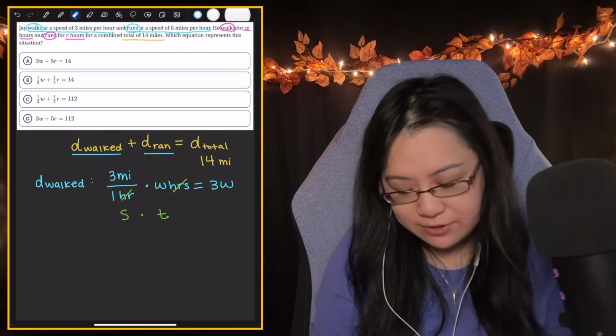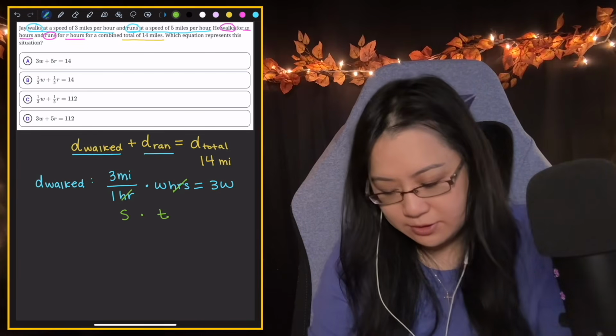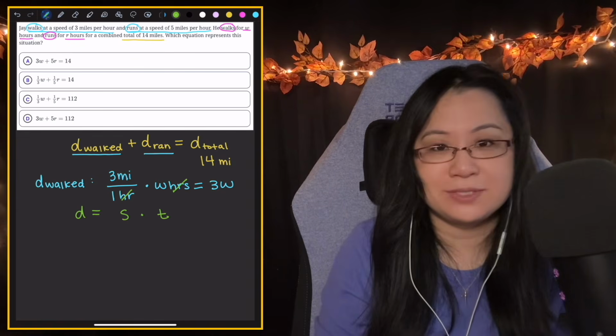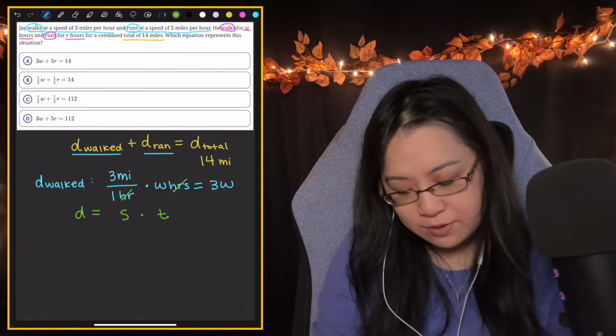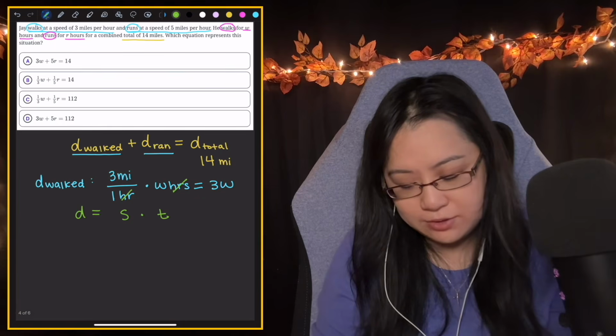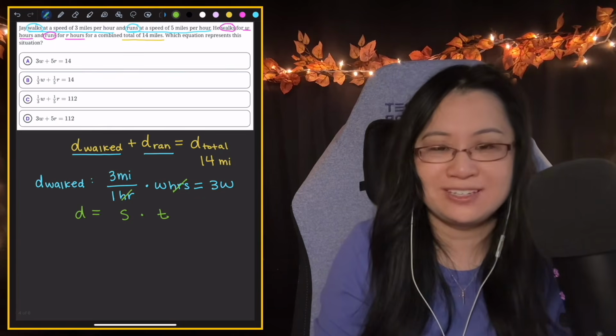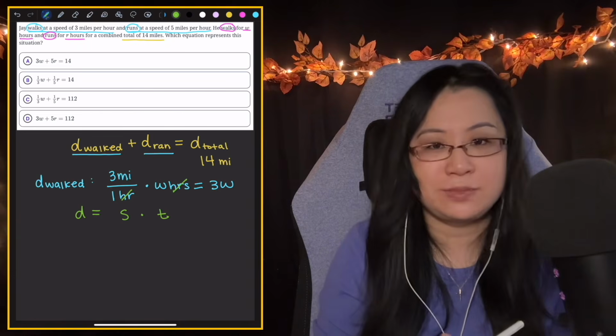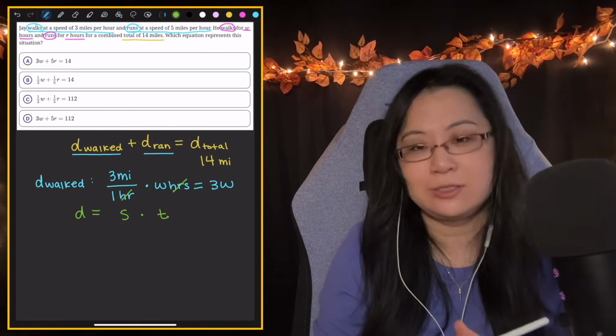So we have distance is speed times time, or rate times time. It's a formula we're using here, and we're not really doing physics or anything like that, so we're not focusing on direction. It's just going to be straight up linearly speed times time.